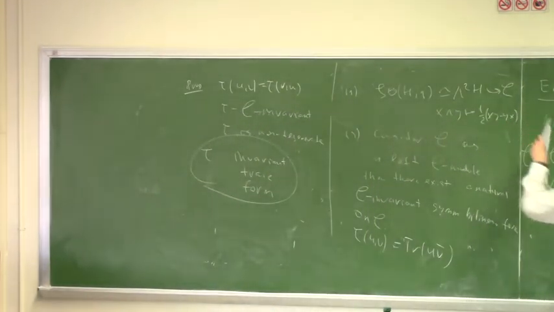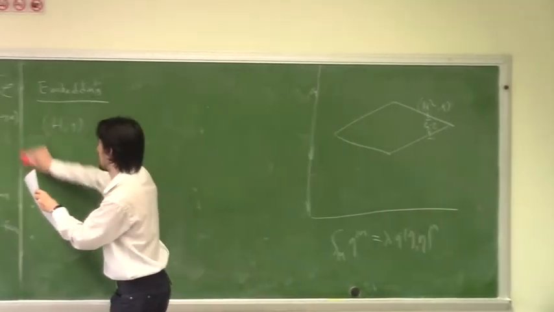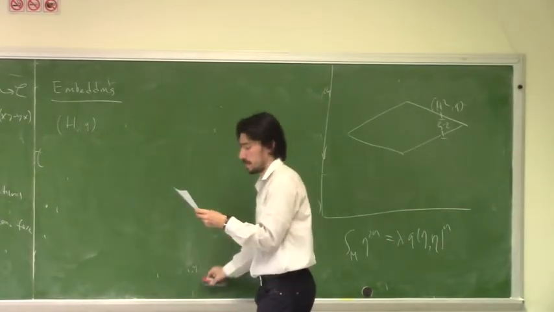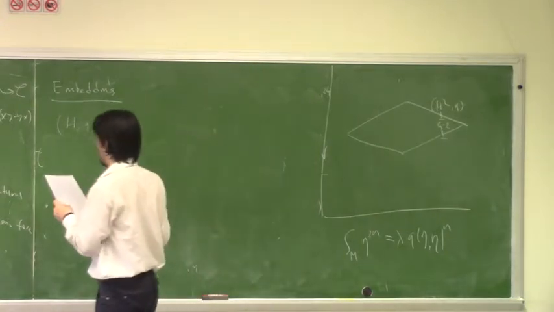And now we can construct the embedding. So we have H, we have Q, which is the Bogomolov-Fujiki form, and the embedding is the following.